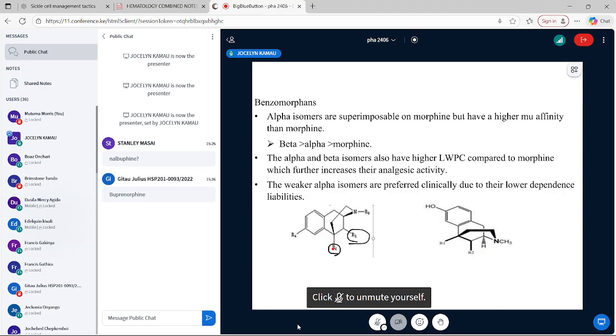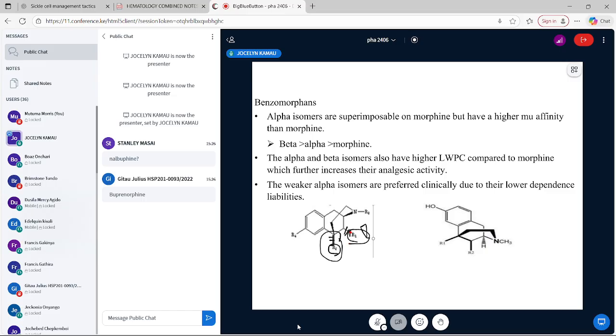This is the R2. This group here, the one at position number 5, must always have the alpha orientation. This can have alpha or it can have beta. So the R2 has always to have the alpha orientation for the compounds to have optimal analgesic activity.